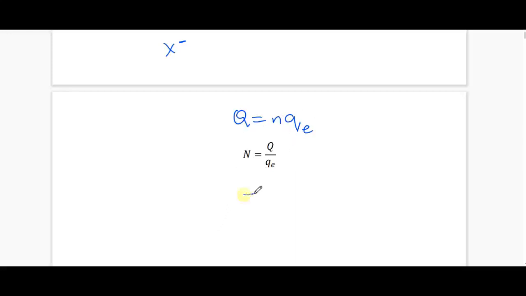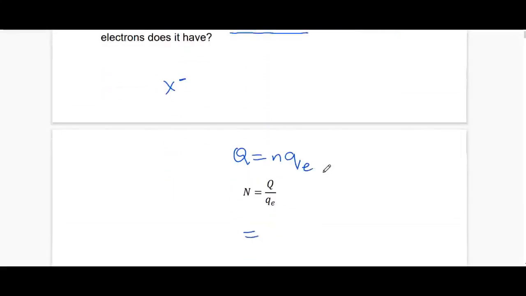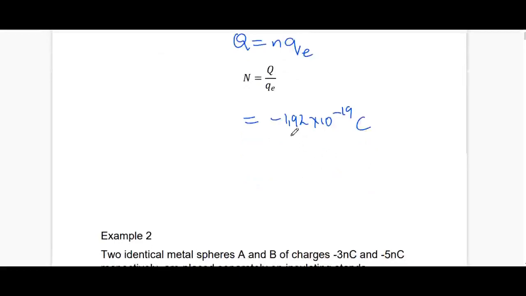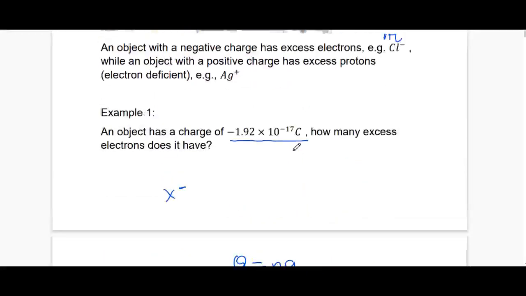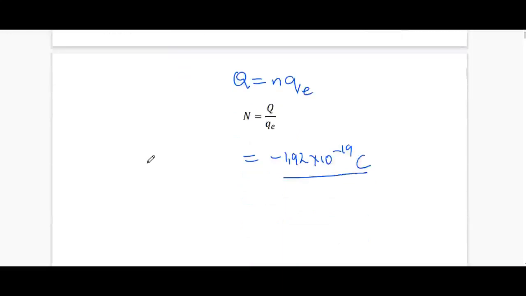Now I'm going to take my Q, which is my charge, minus 1.92 times 10 to the power minus 19 coulombs, and divide it by the elementary charge. Remember, we are talking about electrons.